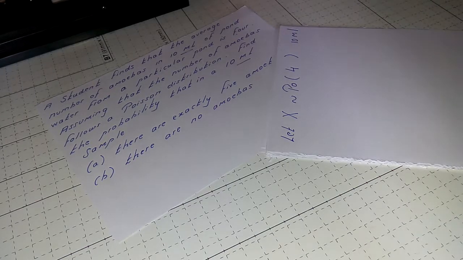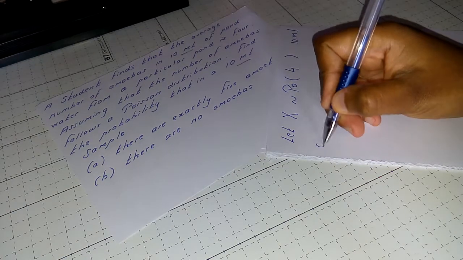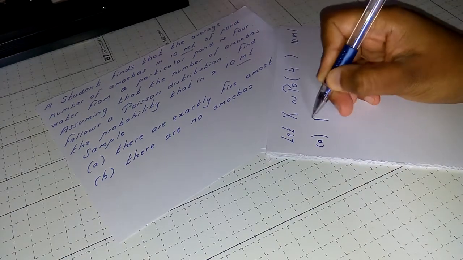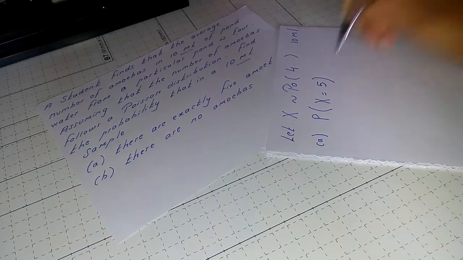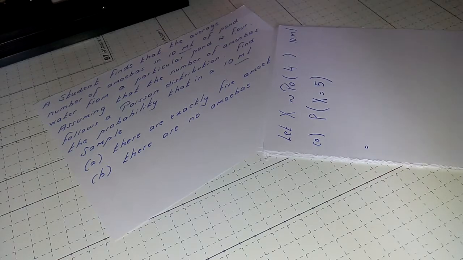Now you need to find what? There are exactly 5 amoebas, which is the first part, probability of X is equal to 5. Now we are going to use the formula. We know that the formula is e power negative lambda multiplied by lambda power x over x factorial, right?